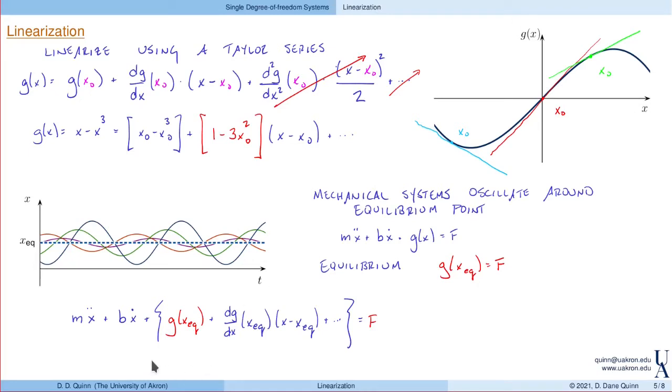So here, if I measure from static equilibrium, as we've talked about before, with a variable z, so z would be x minus x equilibrium, then z dot is equal to x dot, z double dot is the same as x double dot, and this equation of motion can be approximated with a linear equation that looks like m z double dot plus b times z dot plus, let's do that in red, the slope evaluated at the equilibrium point times z equals 0.